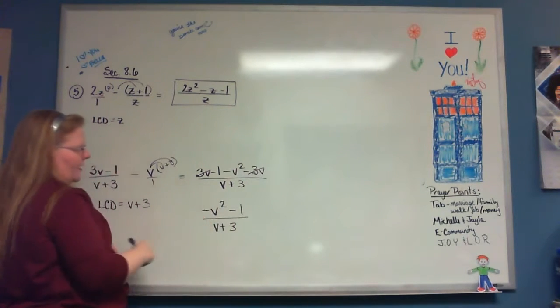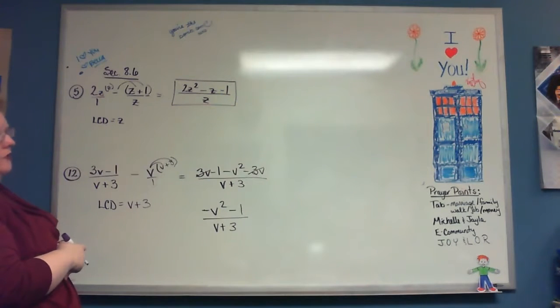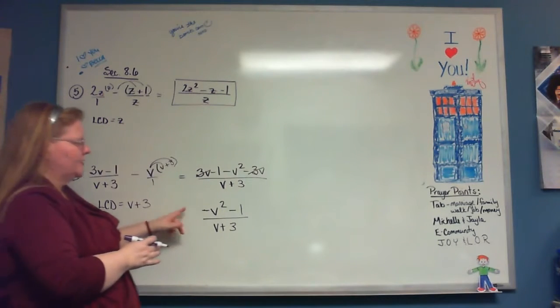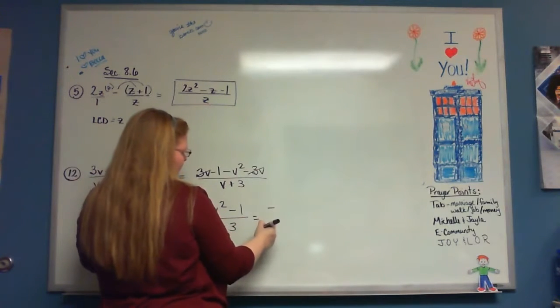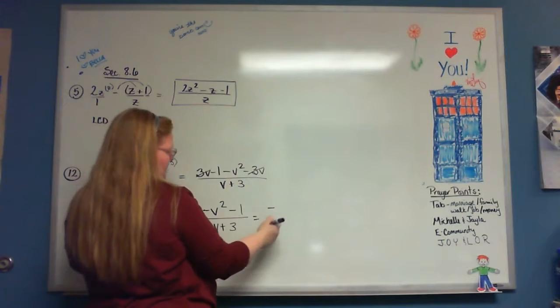Now, can this factor? Well, before we send it to factor, we'd have to take out that negative, right? So if I take out the negative, that flips my numbers.